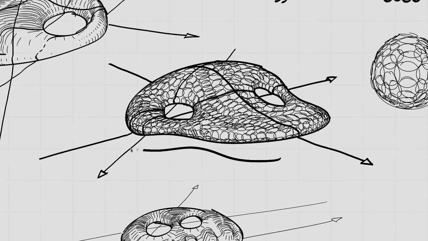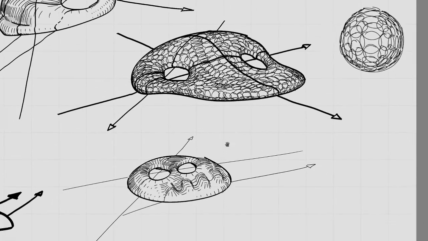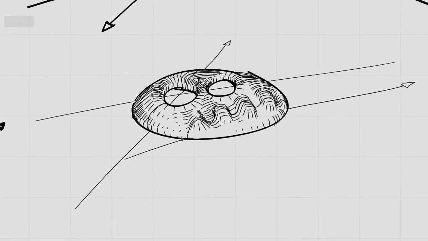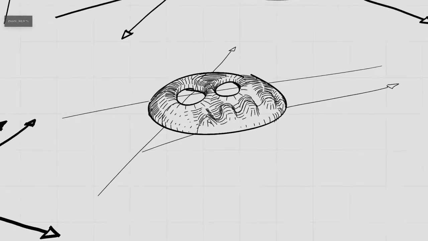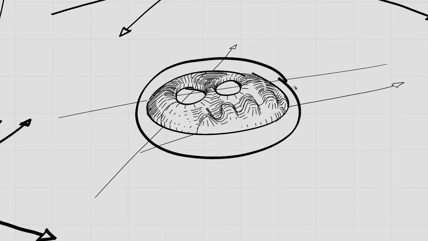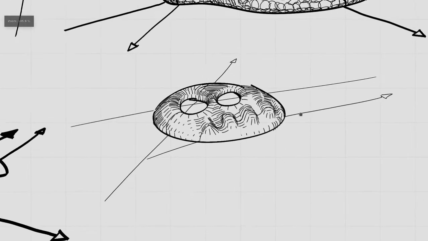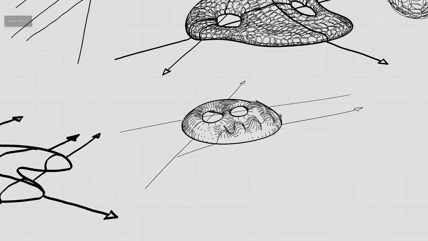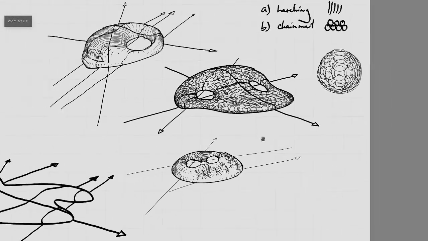They all follow the surface of the object. That's the goal of this exercise. Hatching again, I wanted to see if I can do this squiggle thing and get away with it. It kind of works, not really. It was an ambitious project. Let's leave it at that.